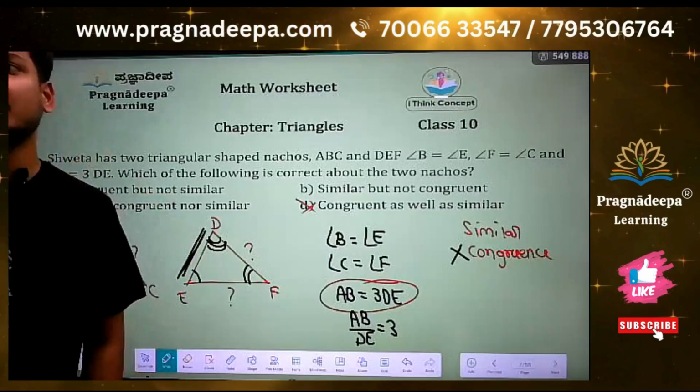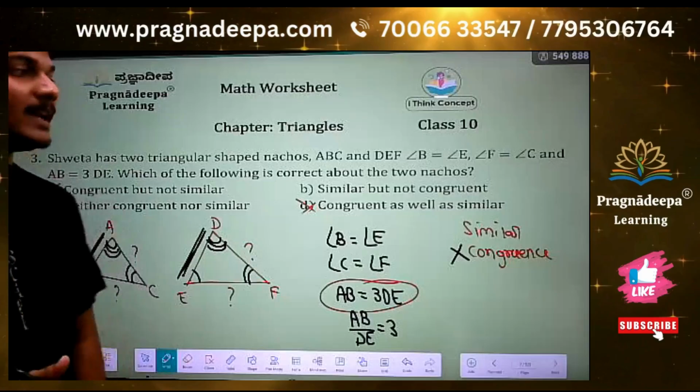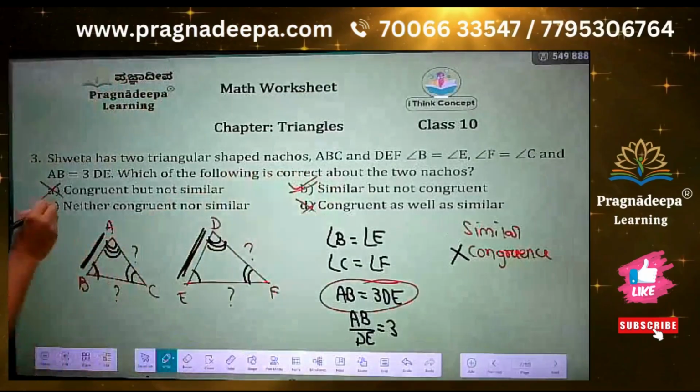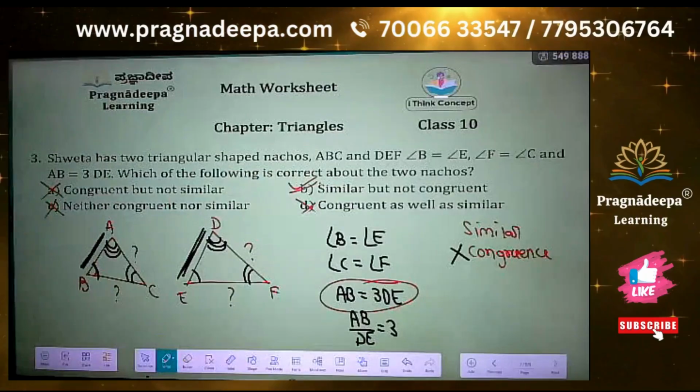AA criteria for similarity. By that criteria it is similar but not congruent.